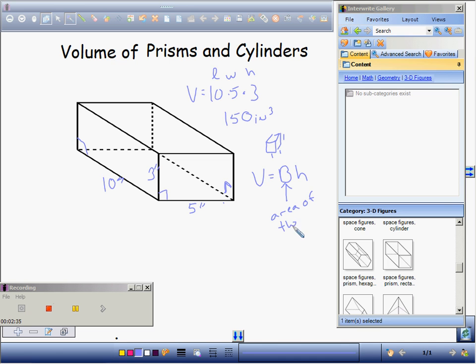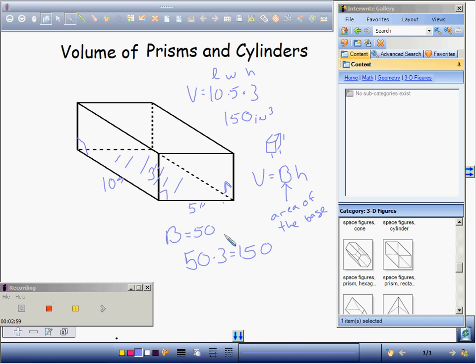Okay, so in this case, the area of the base is this thing down here. So if I multiply the area of that base times its height, the area of the base is 50, right? And 50 times 3 equals 150. Got it?